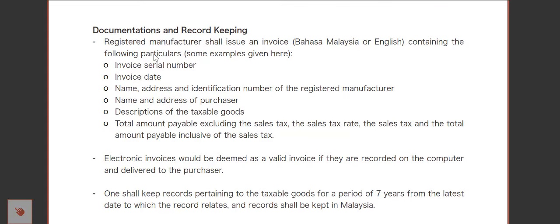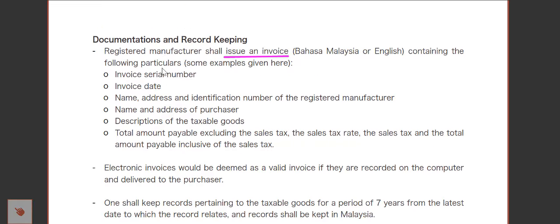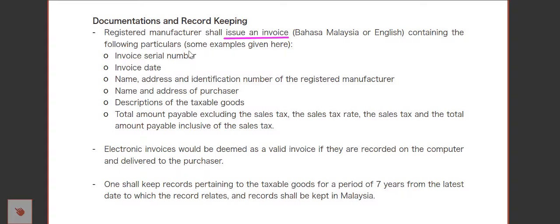What are the documentation and record keeping that you need to know? First, as a registered manufacturer, you need to issue an invoice, and the invoice will need to have some particulars, and it must be either in Malay or English.